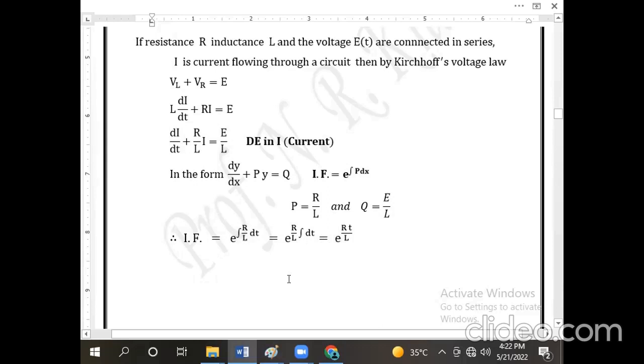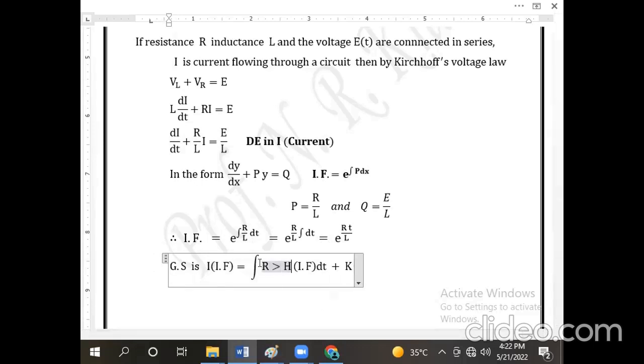And we know that the general solution of such a differential equation is obtained by multiplying the dependent variable by the integrating factor. So here the general solution is I into the integrating factor, equal to the integration of the right hand side into the integrating factor dt, plus k, the constant of integration.